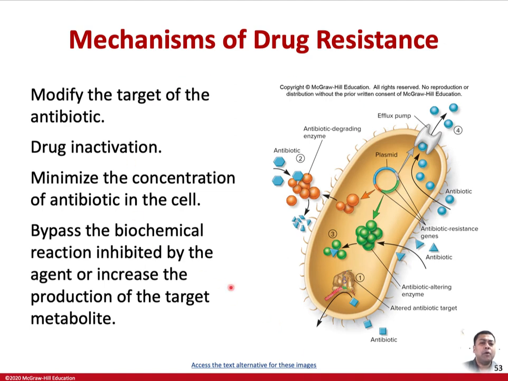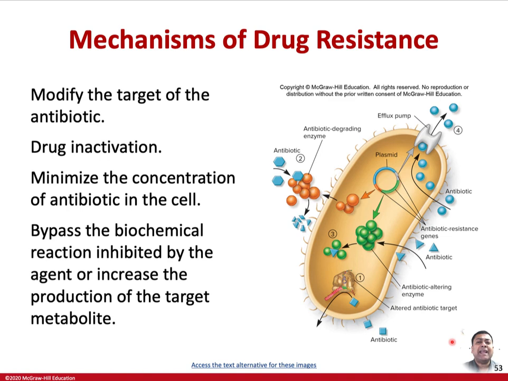So before we go into this, let's take a look at how bacteria develop this antibiotic resistance. The first way is by preventing access to or altering the target of the antibiotic. For example, we talked about the transpeptidation reaction, and the penicillin binding protein's active site is occupied by the beta-lactam.